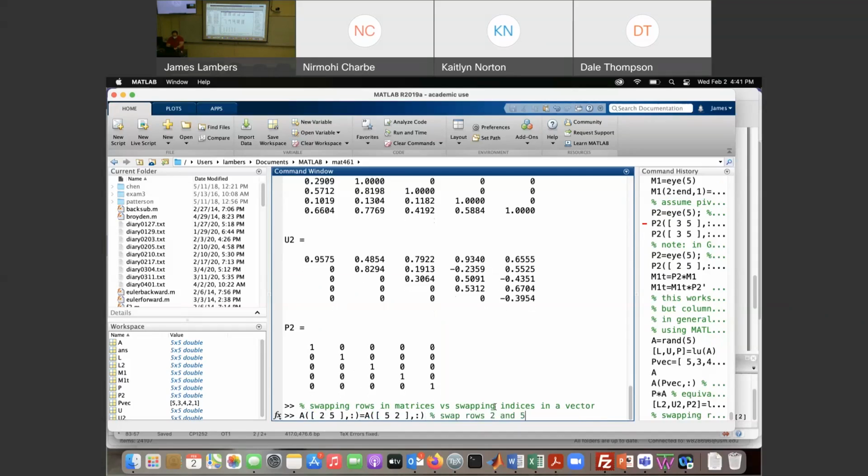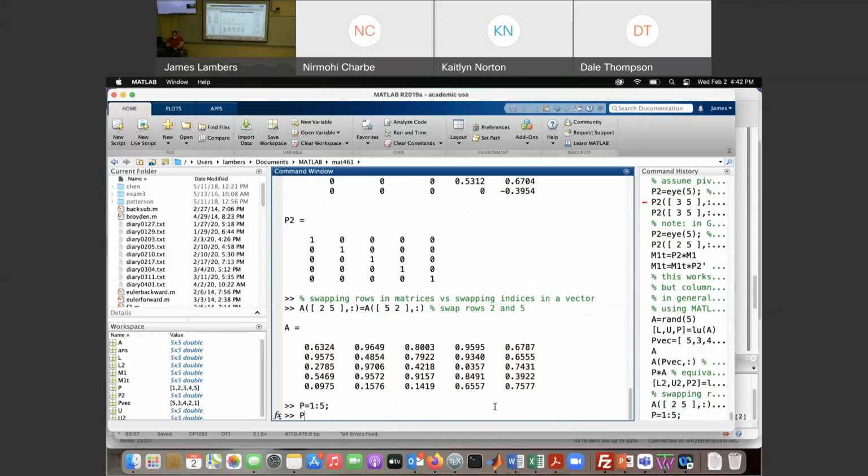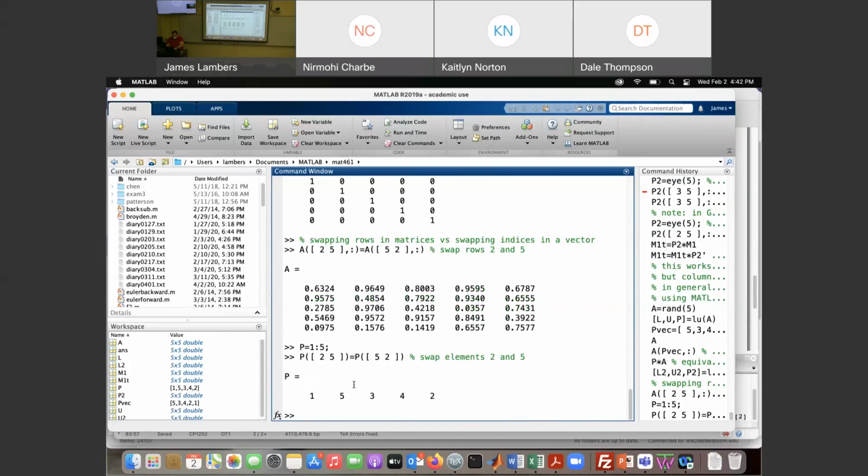All right, so this has the effect of swapping rows 2 and 5 of A. But now, if I have a vector of indices 1 to 5, where the rows are all in the original order, and I want to do the same kind of thing, I can swap elements of P, but P is a vector, not a matrix, so I would not need to do column indices here. That carries out that interchange.